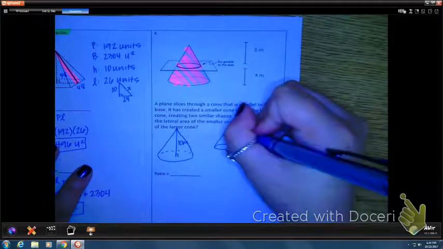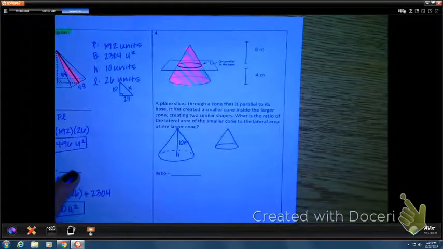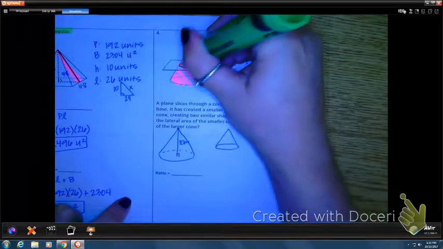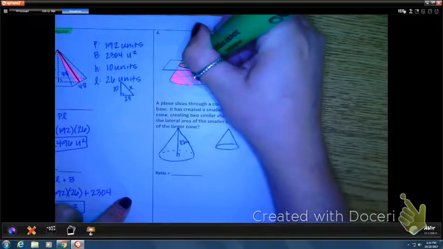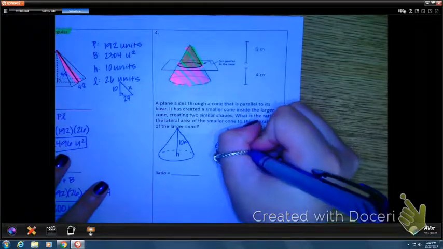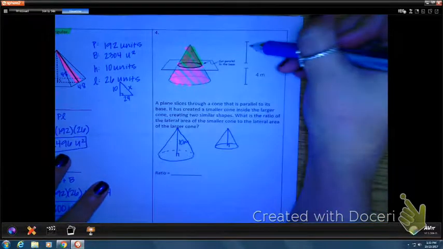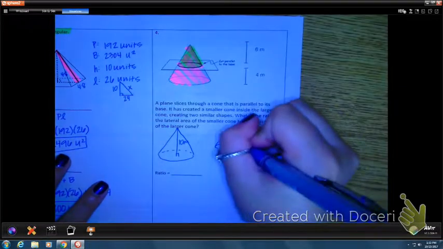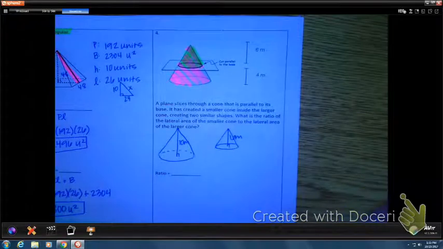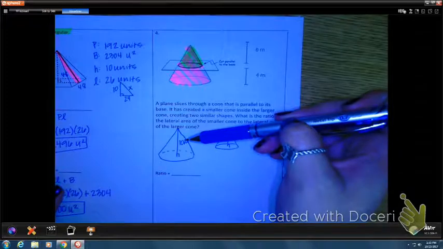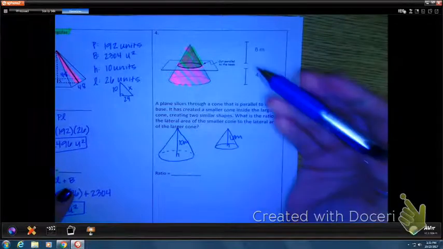Excuse my cones, they're very ugly, but it's okay. You have your smaller cone, which is this little part right here, and it has a height of 6 meters. So looking at the scale factor of 10 meters and 6 meters, that's just heights.